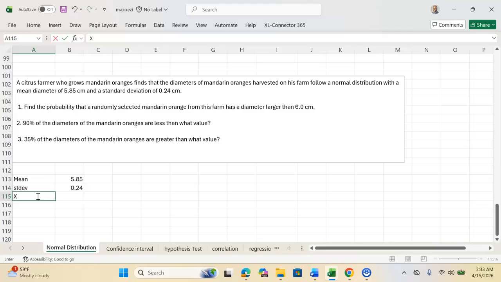In this case, it's actually 6. This one here. And then let's work on the percentages. So we have 90%, and then we have 60%.